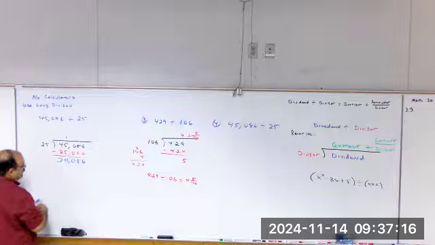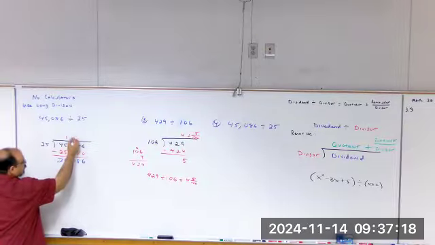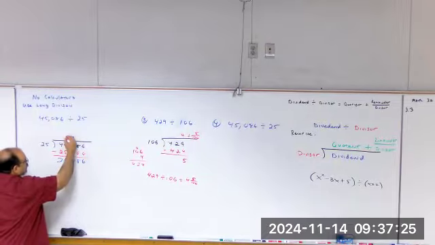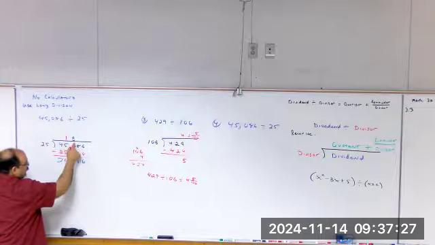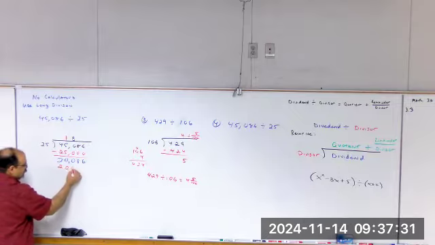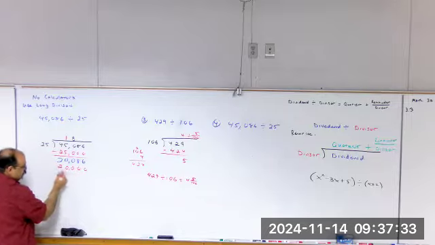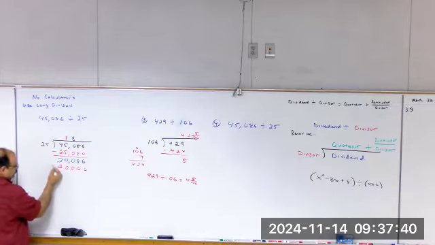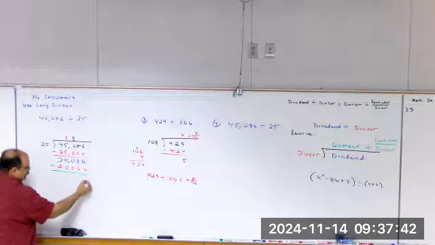So in the hundreds place, this is 8. 8 times 25 is exactly 200. That means 20,000 in the hundreds. And then we subtract. And we get 86.